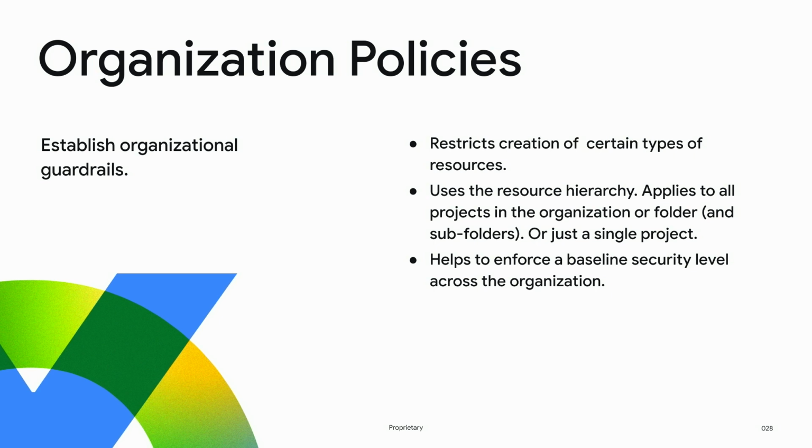So for example, within an organization, you might have many, many people, and many people have access to change the IAM roles, and you might have many projects and many different folders, and you need a way of making sure that you're applying least privilege to all of the projects and all of the folders within your organization.